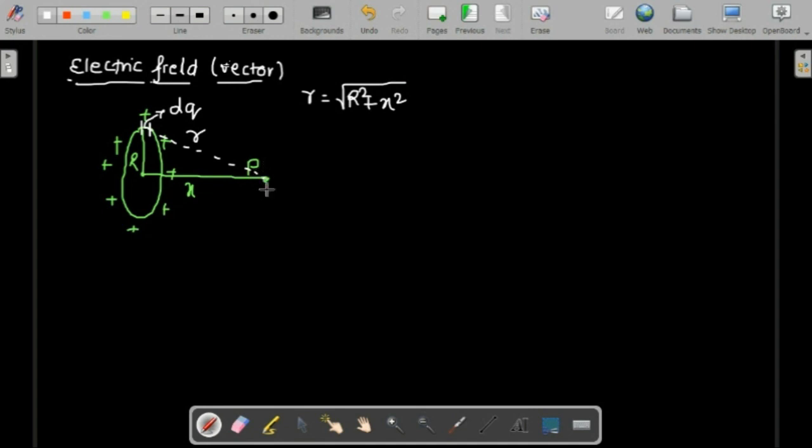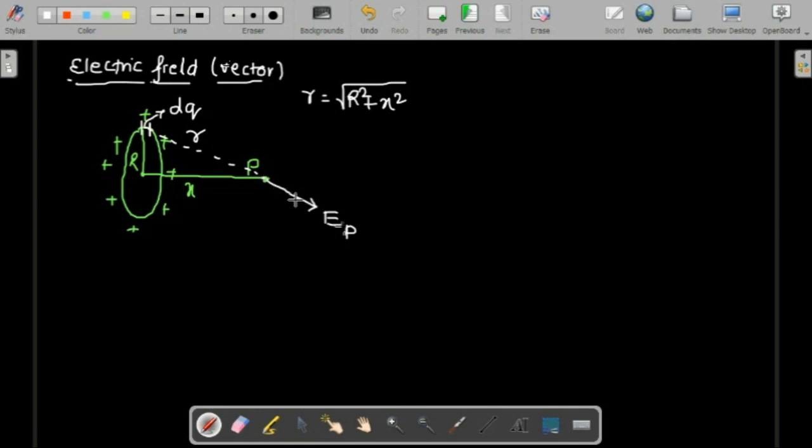If I want to find out the direction of this electric field at this point P, we can imagine a positive test charge, and we see whether it will get repelled or attracted. It gets repelled because this is positive and the test charge will be positive, so the electric field will be in this direction. Don't get confused here, because many times you might also get a negative ring of charge, then the electric field will be in the opposite direction. So this is the direction of the electric field.